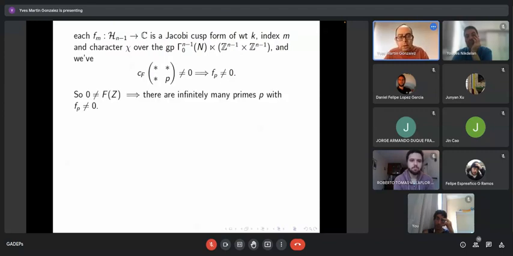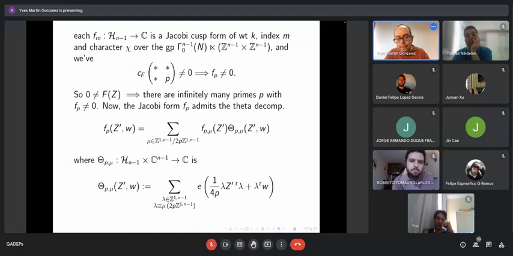In other words, if the Siegel cusp form that you start with is non-zero, it has infinitely many primes p associated, such that these Jacobi forms f sub p are non-zero, because you know that at least one of those coefficients is non-zero. And now you deal with the theory of Jacobi forms.